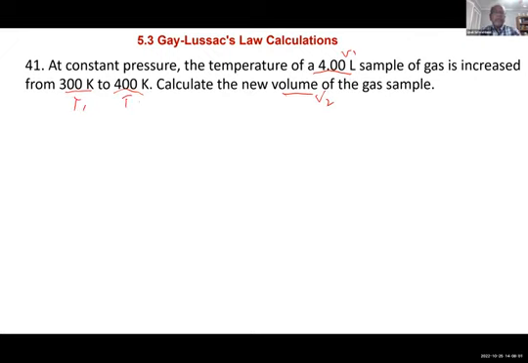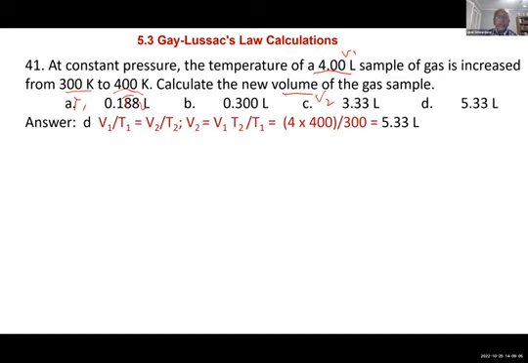This is T2. That's a Charles law calculation. So you plug in these values in these places for V2. You get V1 from the problem, T2 from the problem. I wrote it down on there. So answer is D.